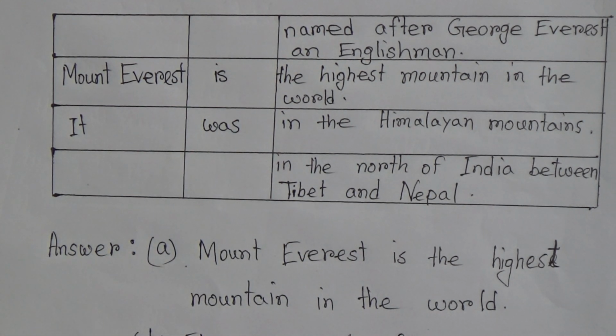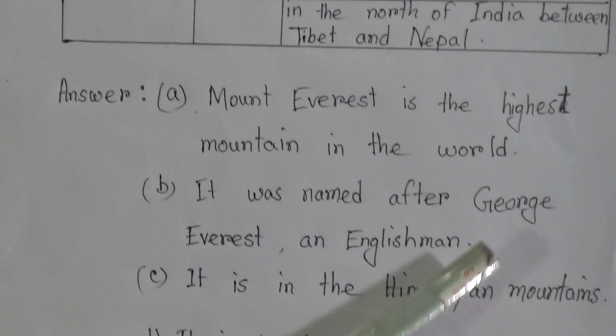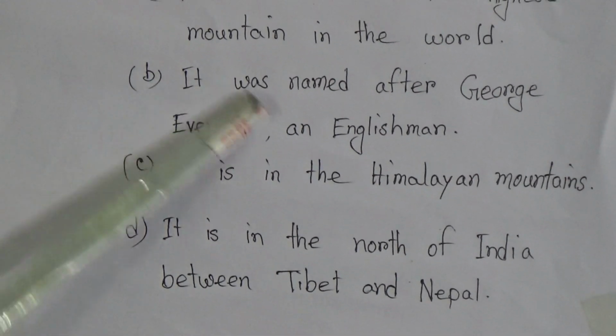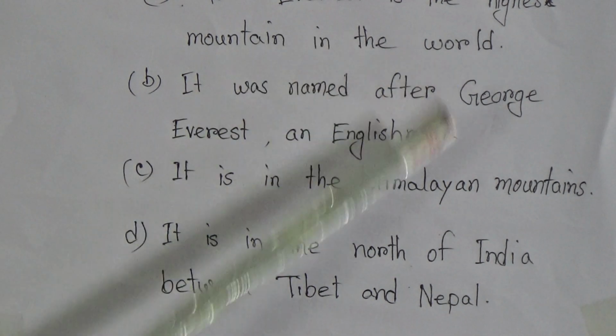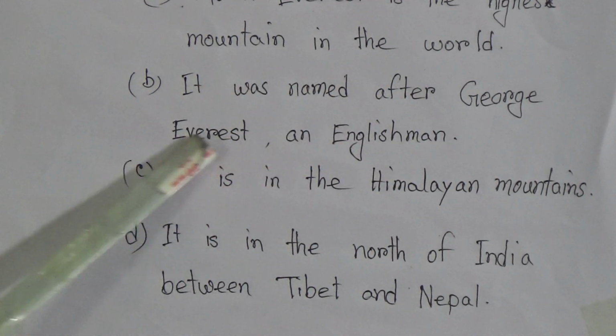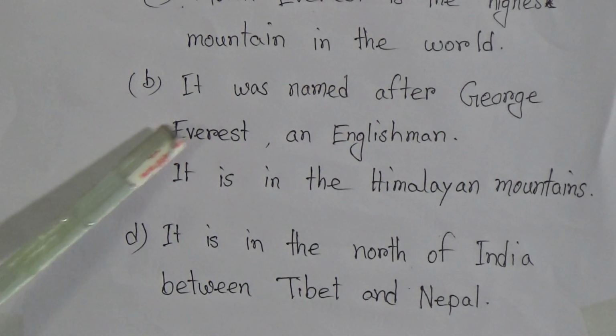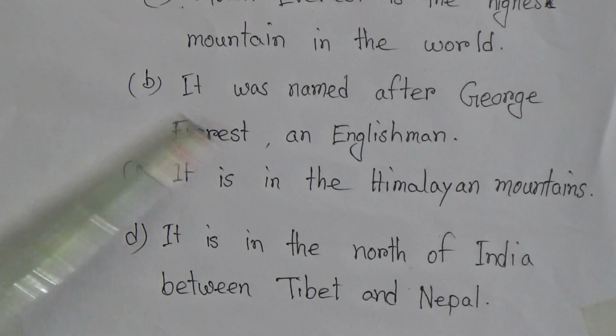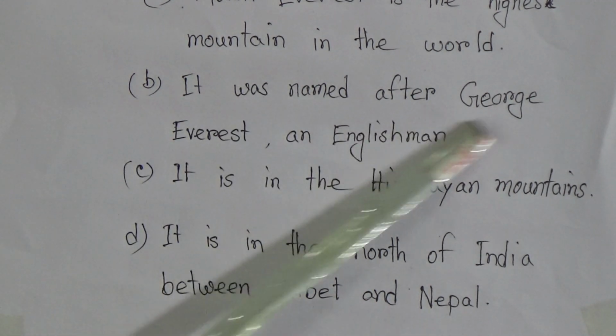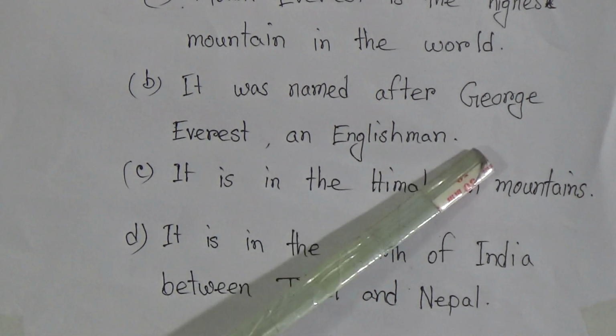So number B. It was named after George Everest, an Englishman. As the naming of Mount Everest is a thing of the past, it is in past tense.